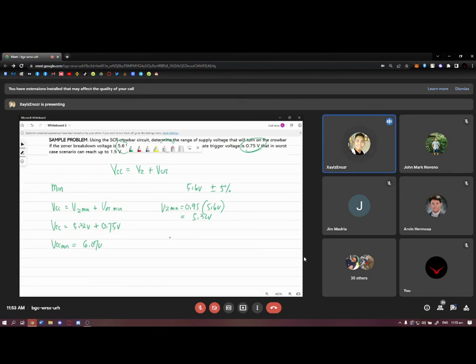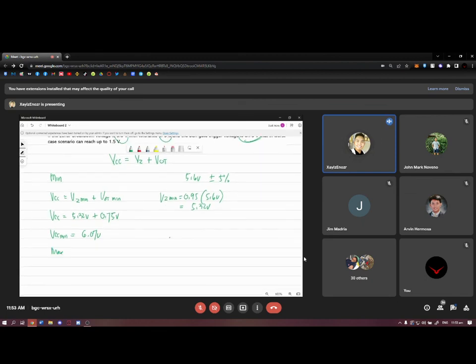So VCC max. So VCC is equal to VZ max plus VGT max. So ang VZ max naman natin ngayon is ano? Obviously plus 5% is 1.05 times 5.6.